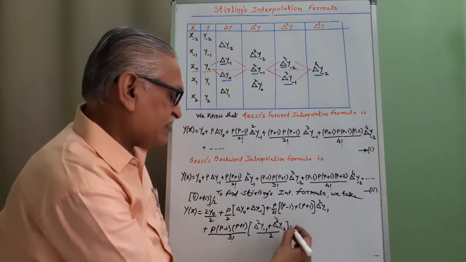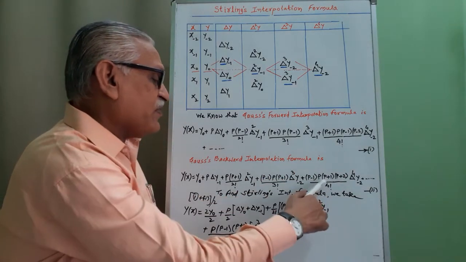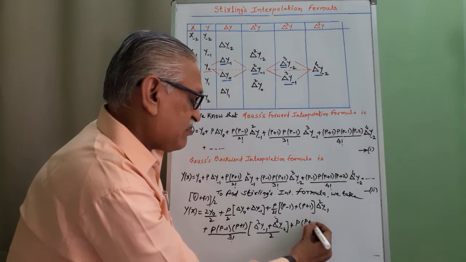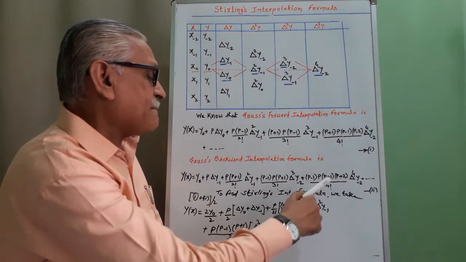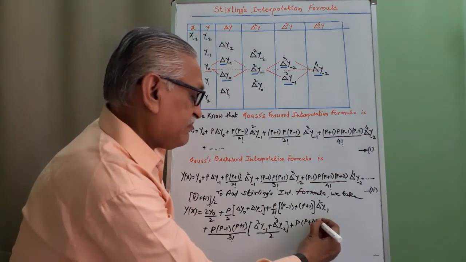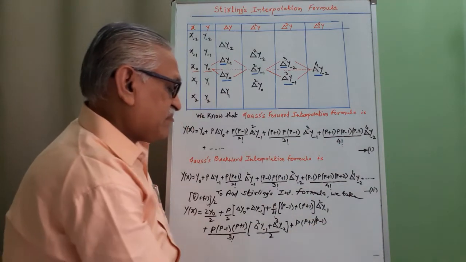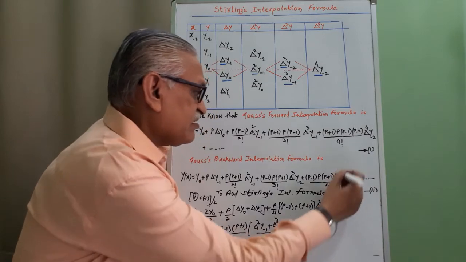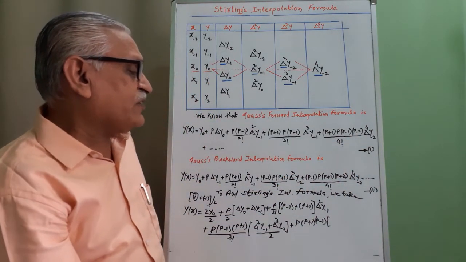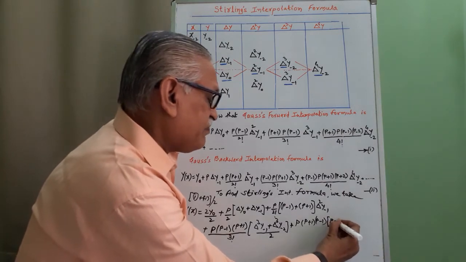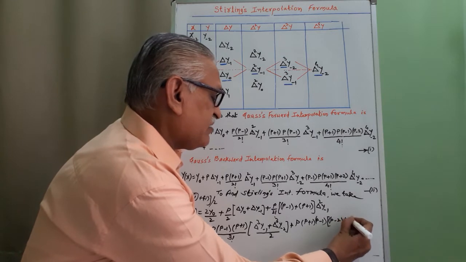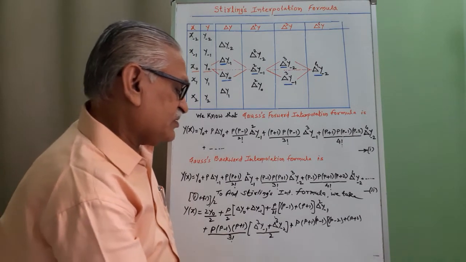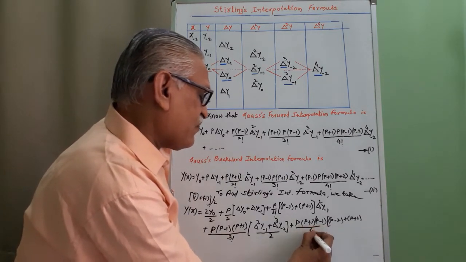Common is 1 by 4 factorial. p is common, p plus 1 is also common, p minus 1 is also common, and the remaining terms are p minus 2 and p plus 2, divided by 4 factorial.